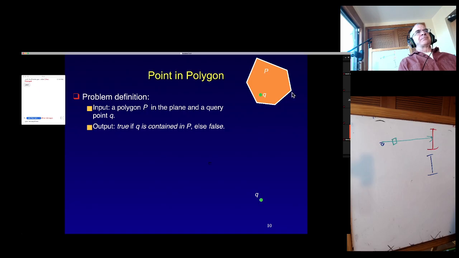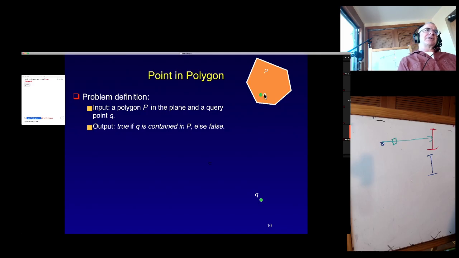I told you about the boundary of the room. Let's keep it 2D, so the boundary of the room is just the walls. And I want to ask, does Q, my query point, lie inside this room or not? And the answer is a bit tricky.